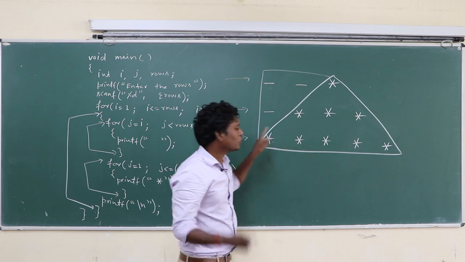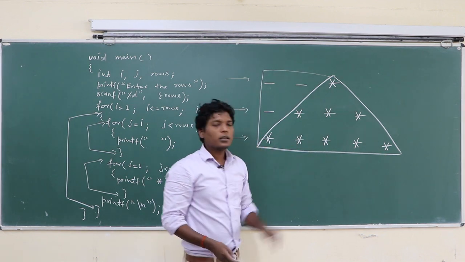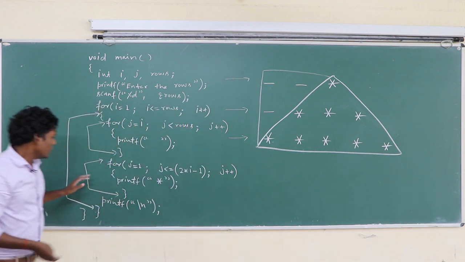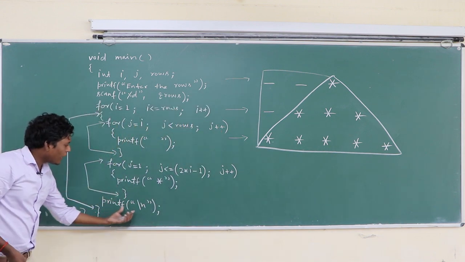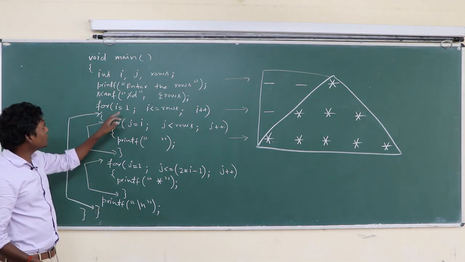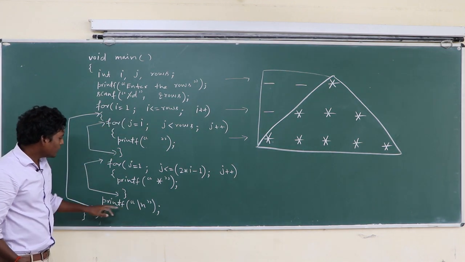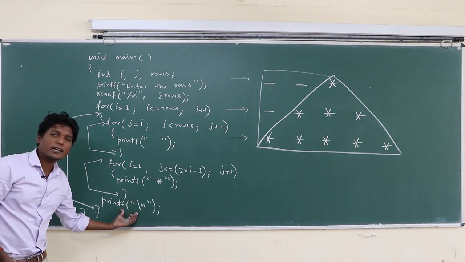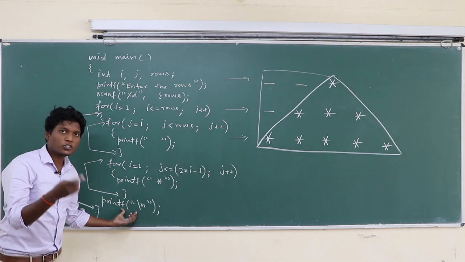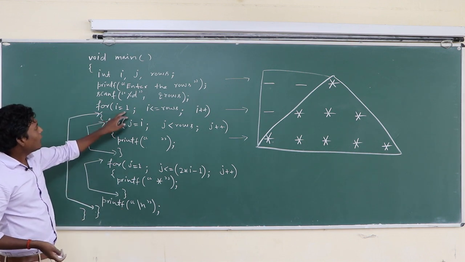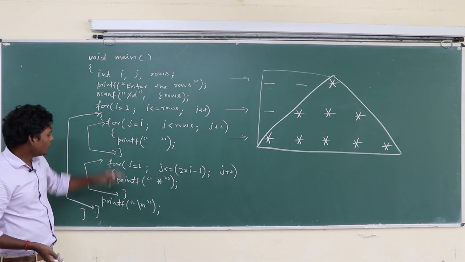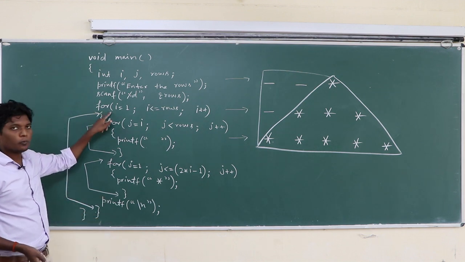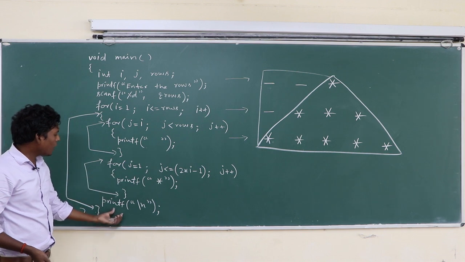The outer loop executes 3 times. So there are 3 rows here. Okay, and there is a printf \n. For each execution of this outer loop, there is a printf which places the cursor on the next line, the next row. For each execution of this outer loop, this printf will be executed, because it is within the outer loop.